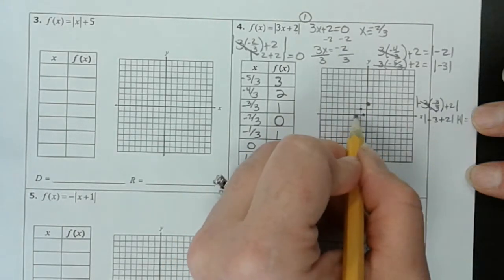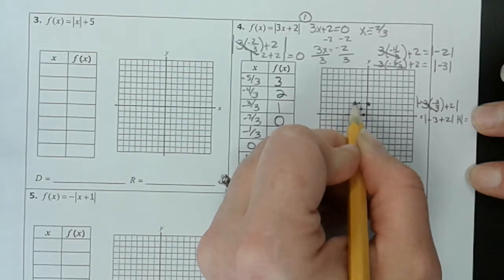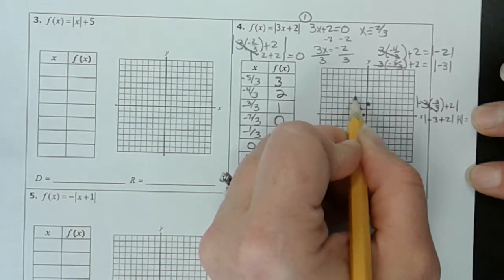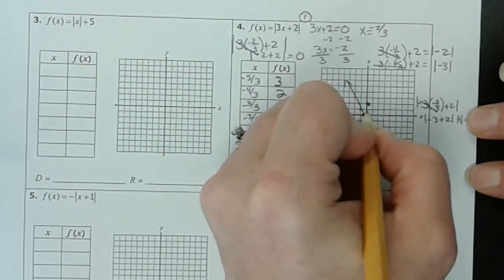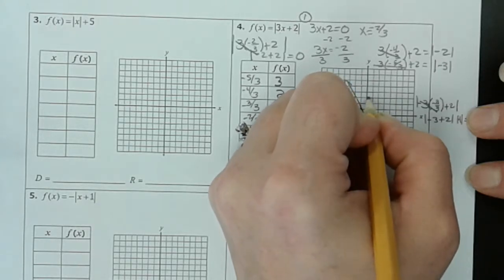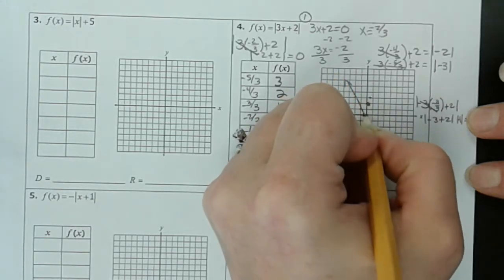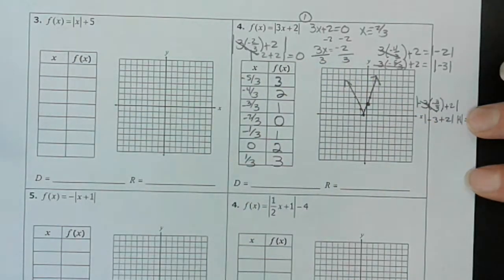But then we can go here to like -4/3, 2, -5/3, 3. There we go.